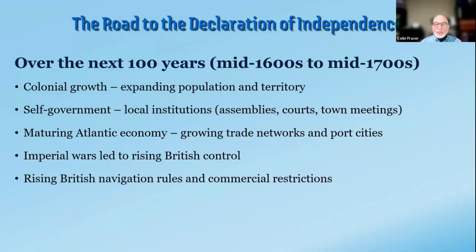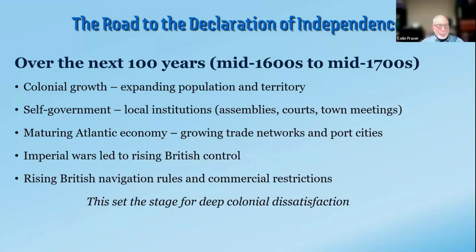British navigation, because of all those trade routes, needed to impose rules and commercial restrictions to try to get some control over this very healthy set of colonies that really were not under regulation at all. And that's what set the stage for a truly deep colonial dissatisfaction.